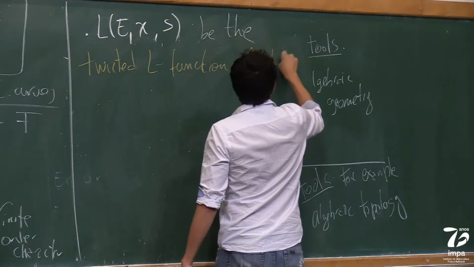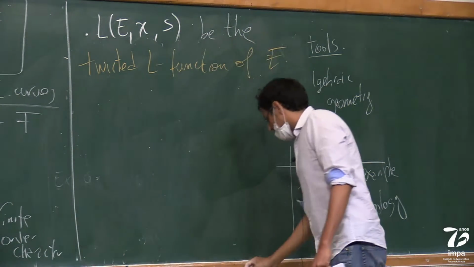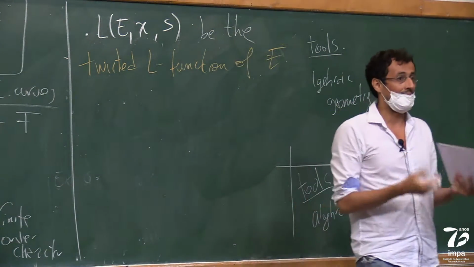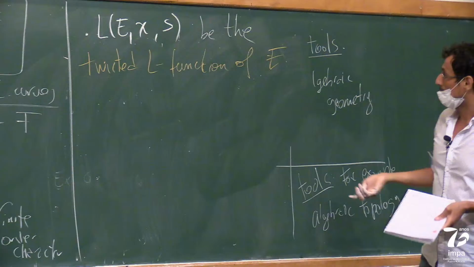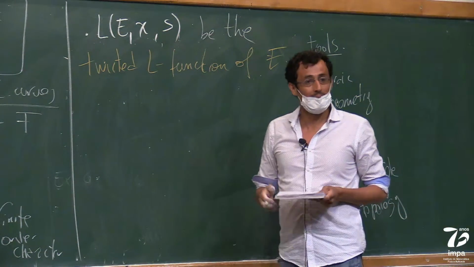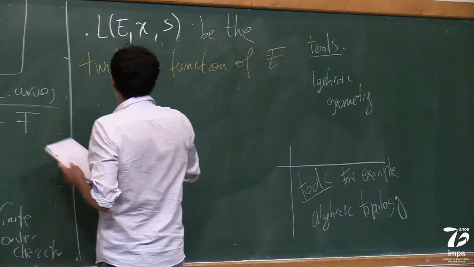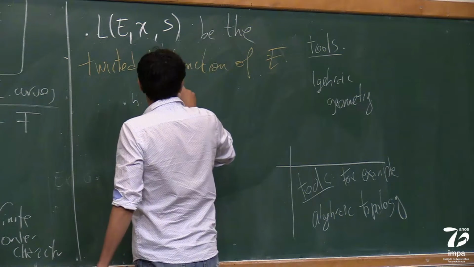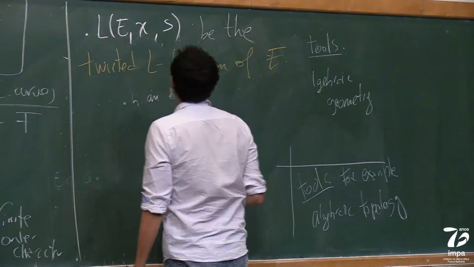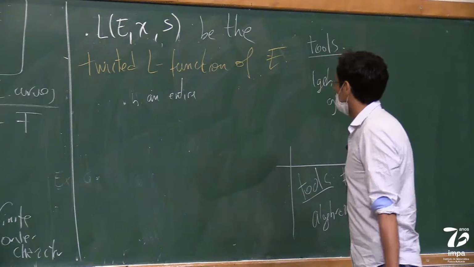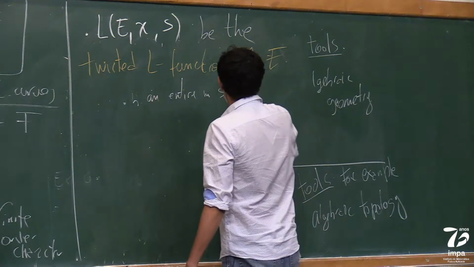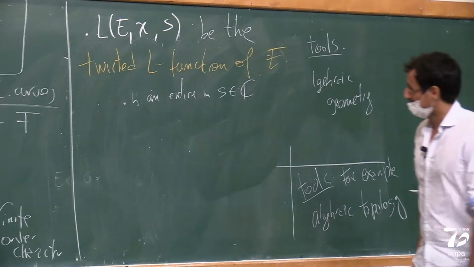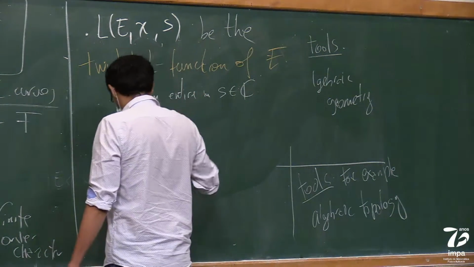I will not give the definition, but it's an L function like the Riemann zeta function, like the Hasse-Weil zeta function of an elliptic curve. But here you twist a little bit and you modify it. Let's just say that it's holomorphic on all the complex plane, it's an entire function.